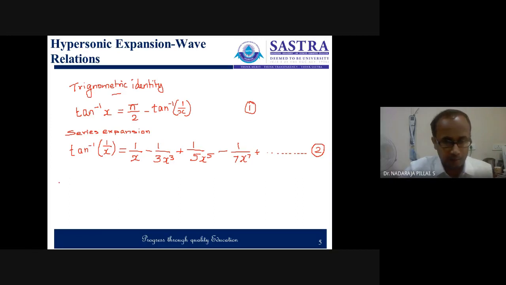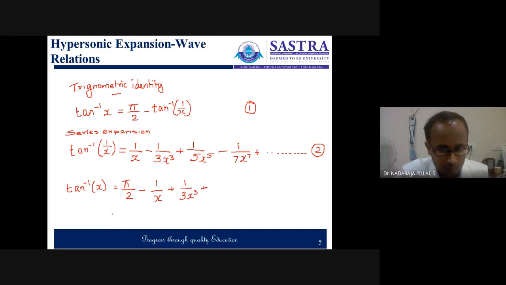Now we can write the tan inverse of x is equal to pi by 2 minus tan inverse of 1 by x, that can be written as 1 by x minus 1 by 3x cube plus 1 by 5x power 5 minus 1 by 7x power 7 plus and so on.